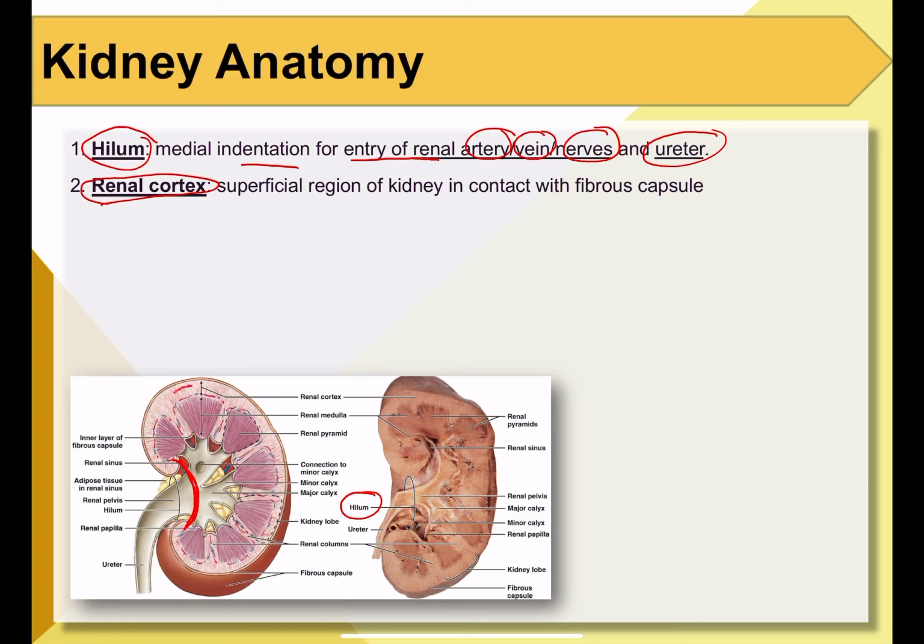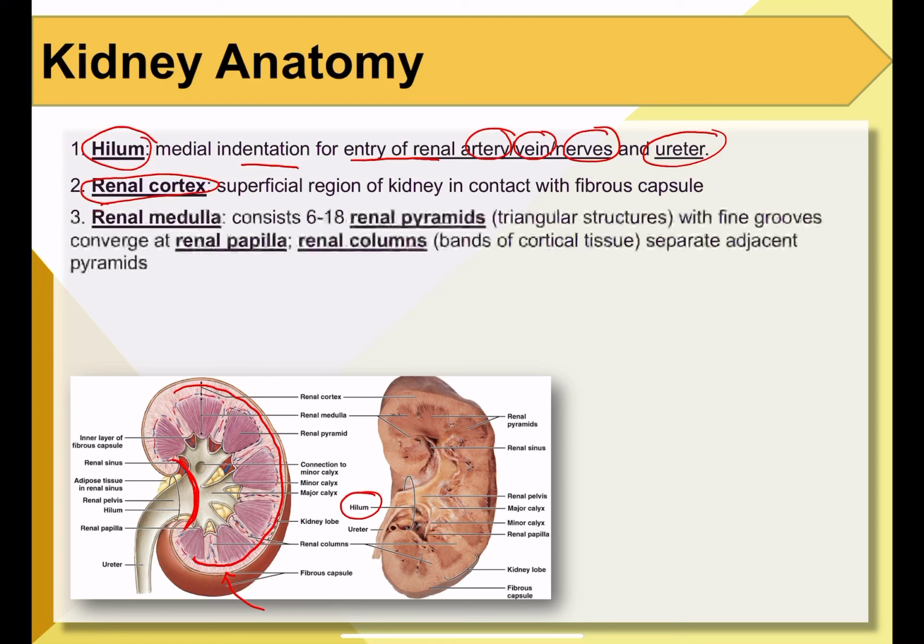So this whole area right here is the renal cortex, just like how we had the adrenal cortex. This is the renal cortex, which is in contact with that fibrous capsule we were talking about that protects your kidney organ. The renal medulla, then, is this layer right here, the inner layer of the kidney.